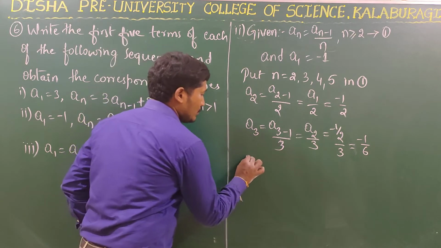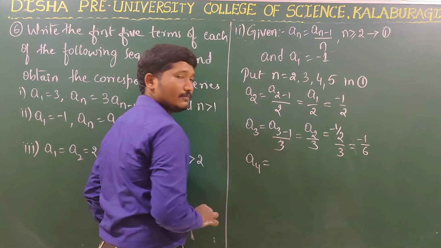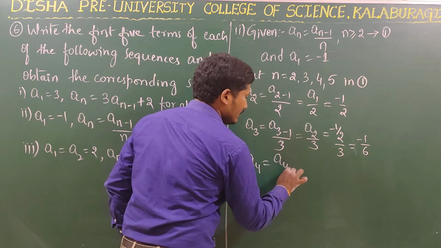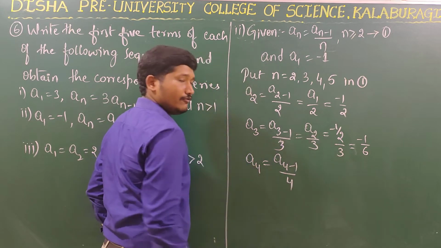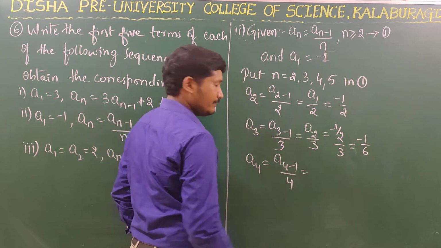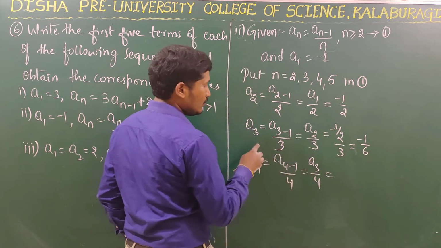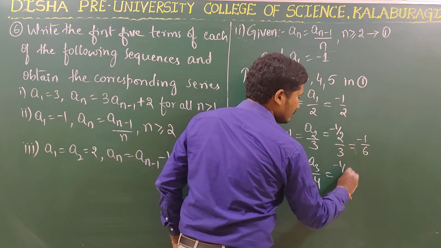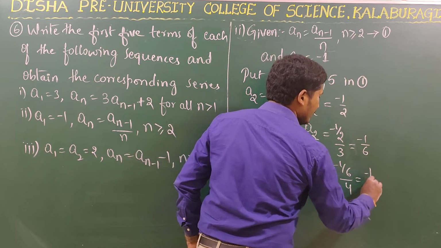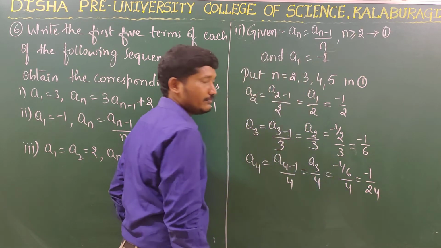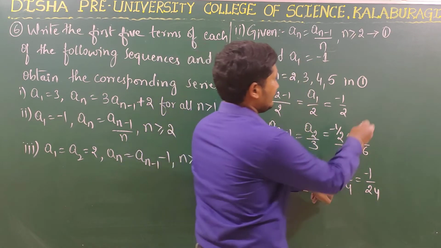Next again put n is equal to 4. That will be a4 equals a(4 minus 1) divided by 4. So this is equal to a3 divided by 4. What is a3 equal to? Minus 1 by 6 divided by 4. So this will be minus 1 divided by 24. See here.